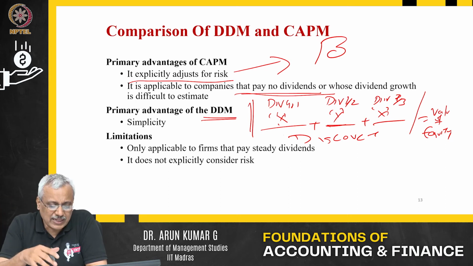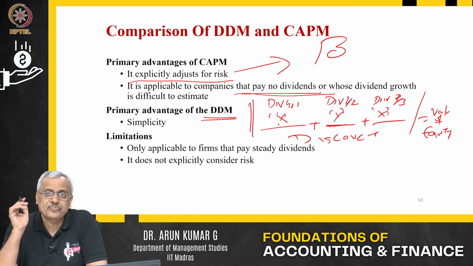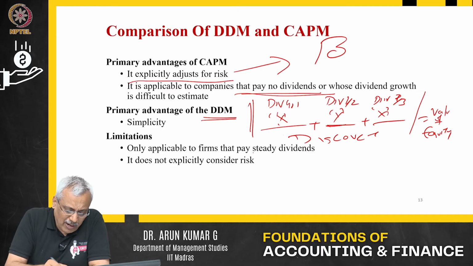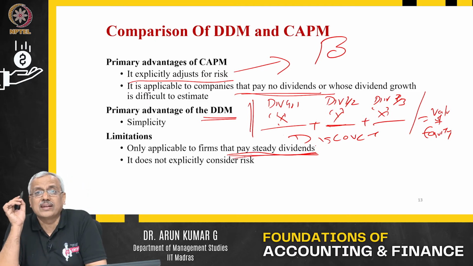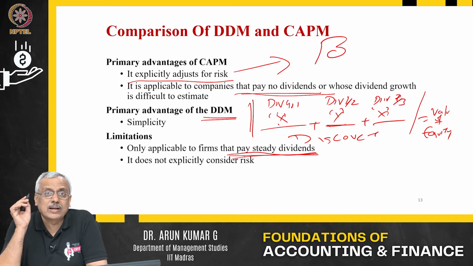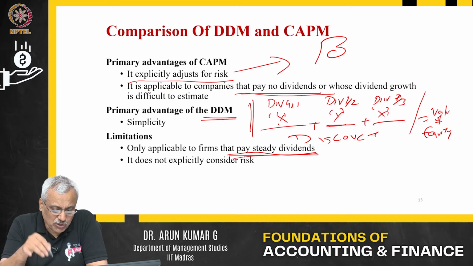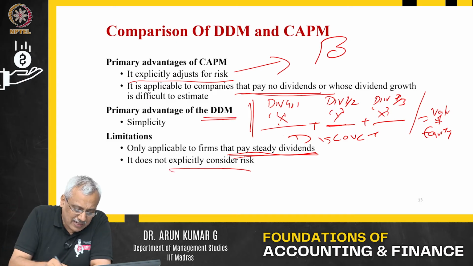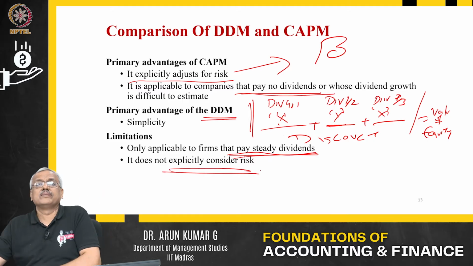So it is applicable even for cases where there are no dividends. The dividend discount model is only applicable for companies which pay steady dividends. As you can see what I am underlining, it is suitable only for companies which pay steady dividends. It does not consider risk factor at all.